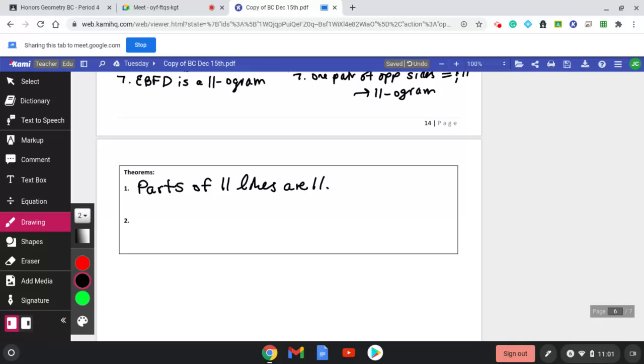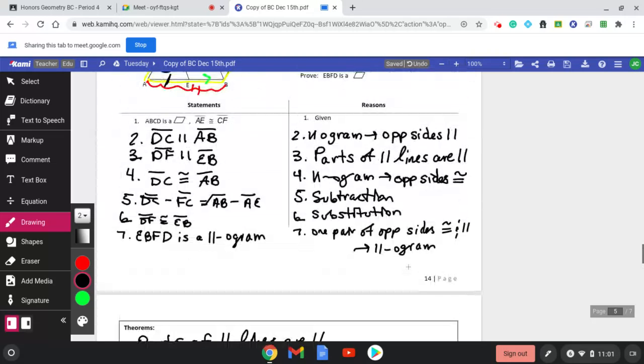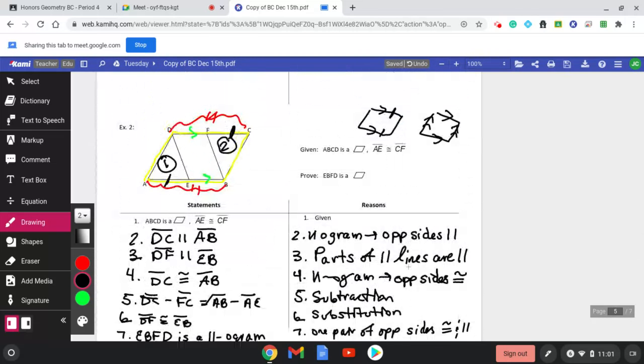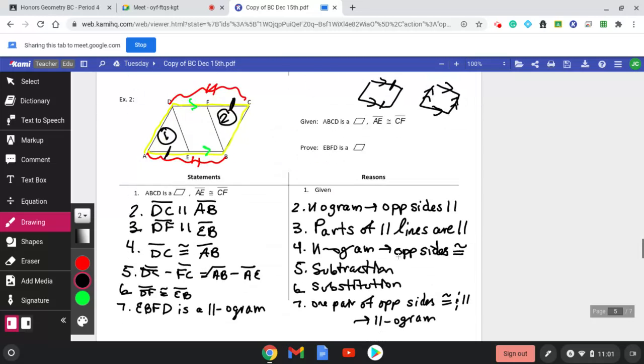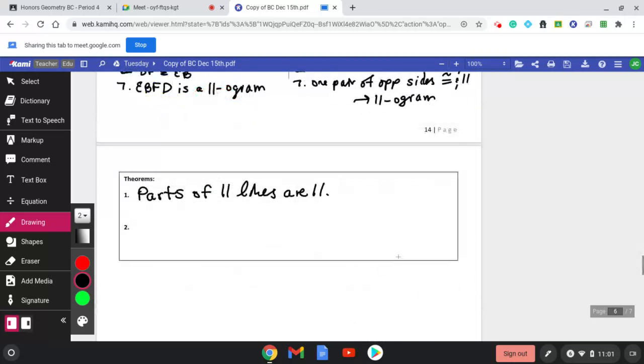Now, what would be, I don't want to say reverse, but go back to our diagram on the second proof, please. Just take a look at that diagram. Let's say I told you DF and EB were parallel, but you guys wanted to say DC and AB, the bigger parts, were parallel instead. Instead of using the word parts, I used the word extensions.